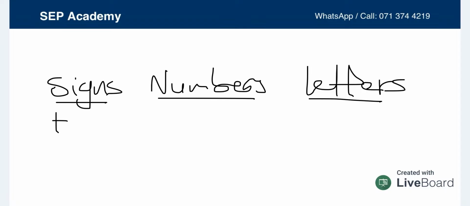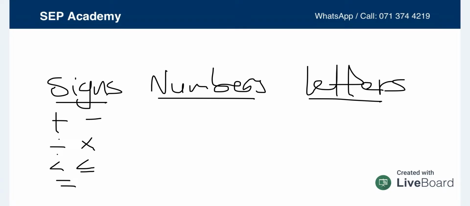It could be a plus, a minus, a division, a multiplication, maybe less than, or it's equals to, even equal. It's a sign. There are more signs, but for now I'll just limit it to those signs, and as we continue, that's when you will discover some more signs.